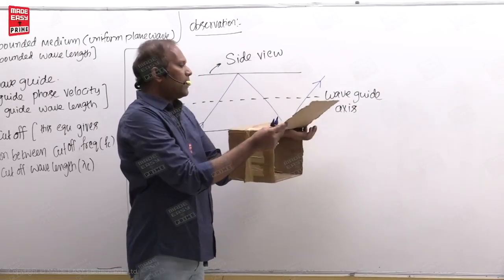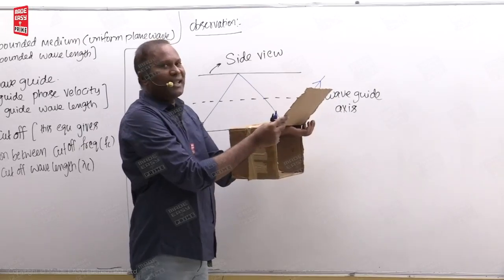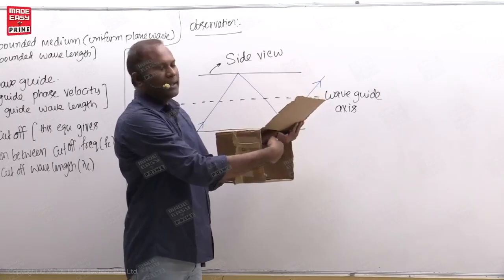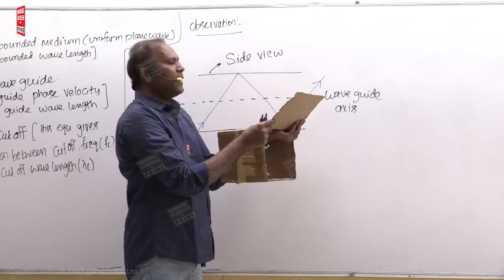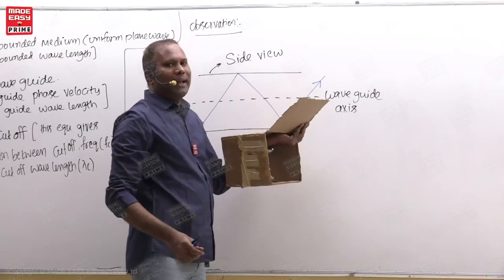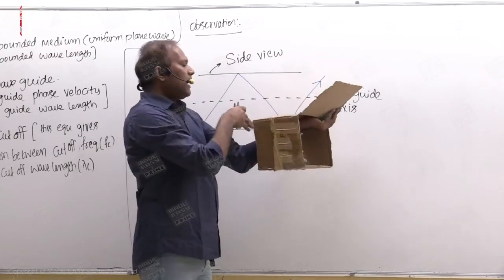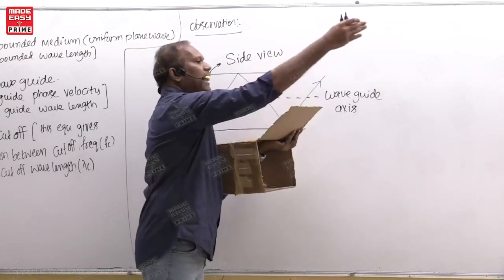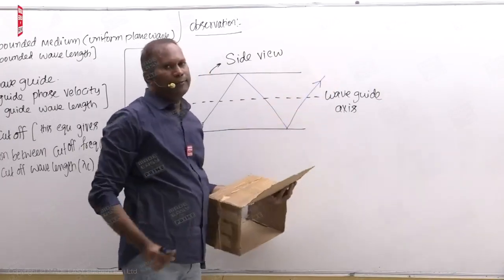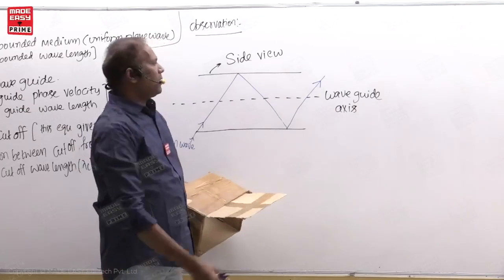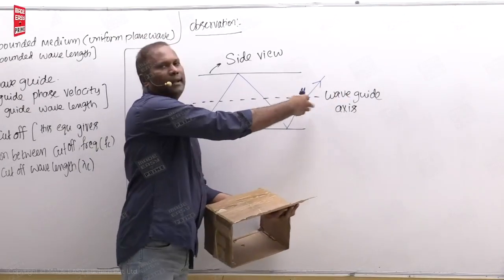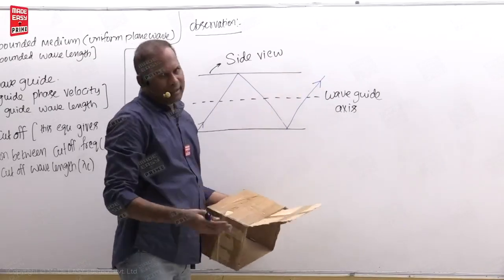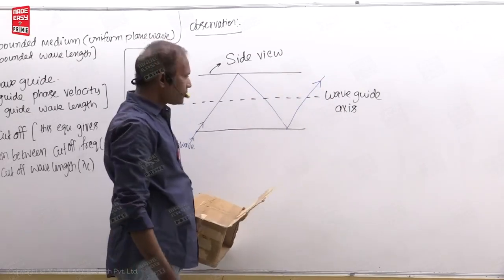If you do it like this, then the a and b dimensions change, and the impedance also changes. Then the waveguide impedance is gradually changed in such a way that you get 120 pi, and then impedance matching is done. Then whatever signal is going in the waveguide is radiated into the air through this horn antenna. That is one of the examples I told you. So this is called the output side. You will be sending the signal to the medium, into the air or somewhere else, wherever you want.